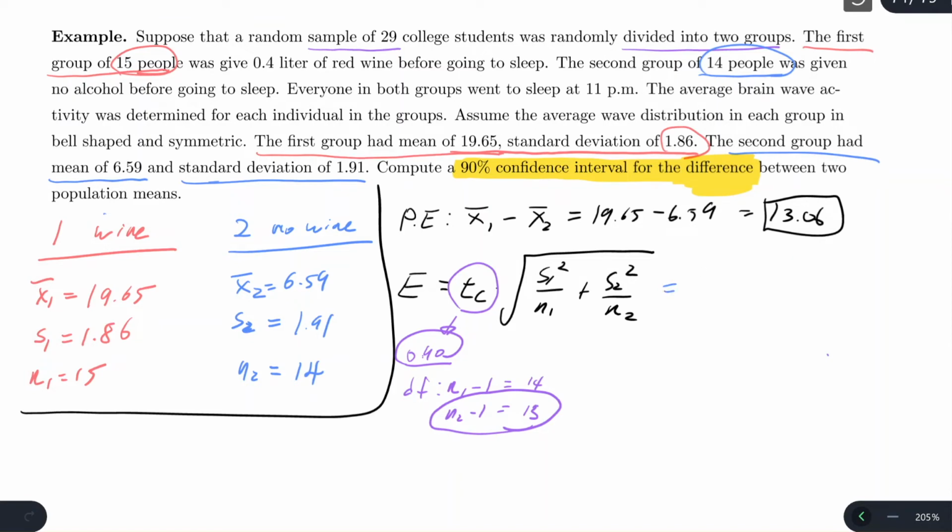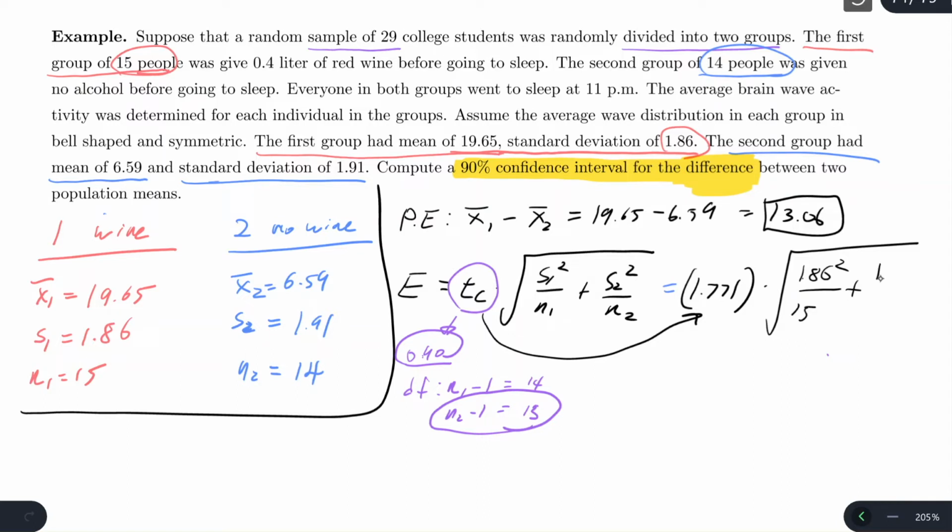And all other values, we already found from the given problem, the standard deviations. So let me copy these numbers. Calculate this in your calculator. You get 1.2412. That's the margin of error.